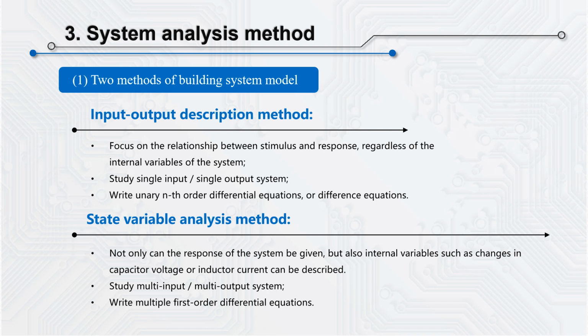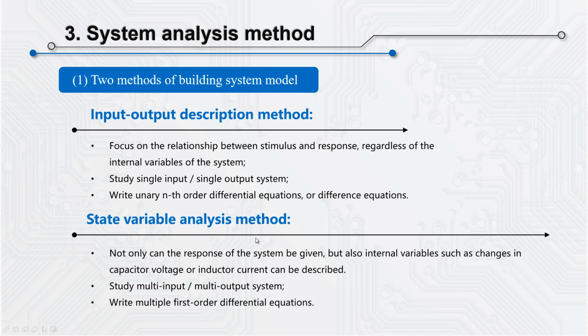State variable analysis can not only give the response of a system, but also describe internal variables such as changes of capacitor voltage or inductor current. Generally, it is used to study multiple input and multiple output systems, and it is mainly to write multiple first-order differential equations.